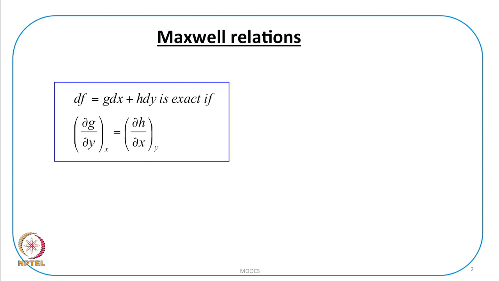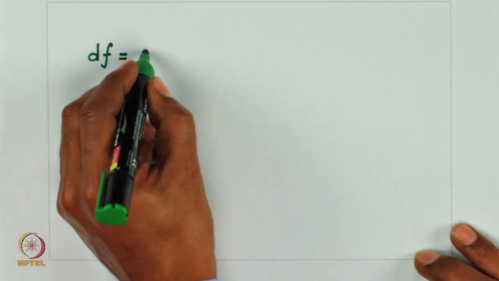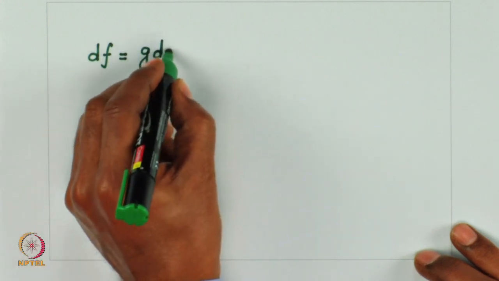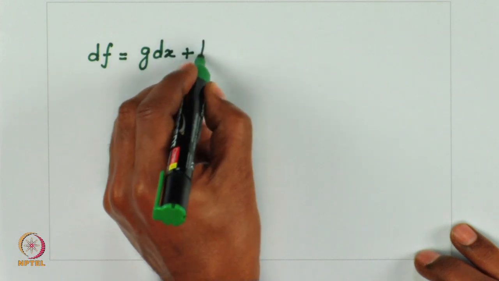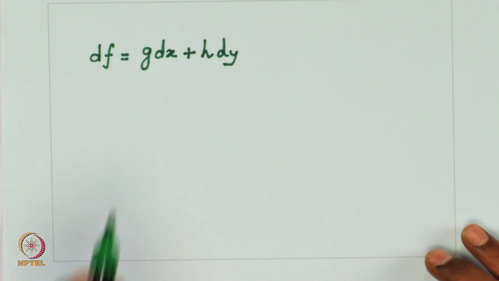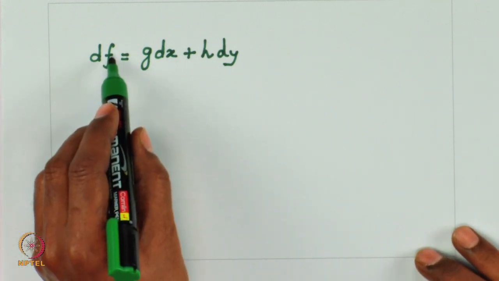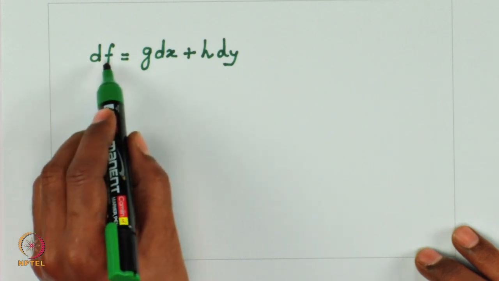Now, while discussing the Maxwell relations, we will make use of one mathematical fact, that is, df, if it is expressed like g dx plus h dy, is exact. Exact means if f is a state property, then df is an exact differential.